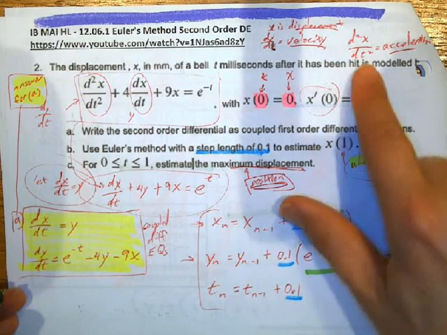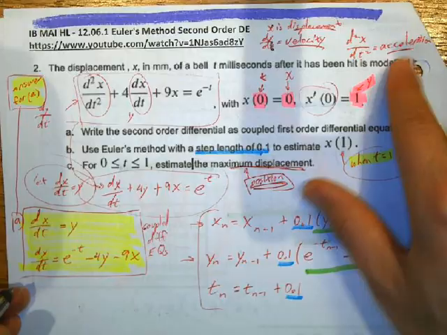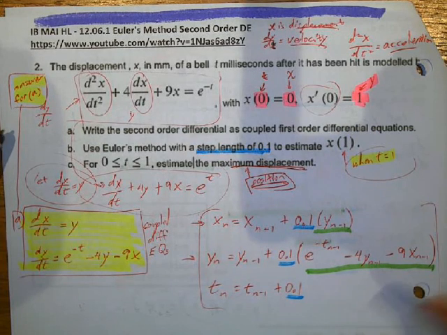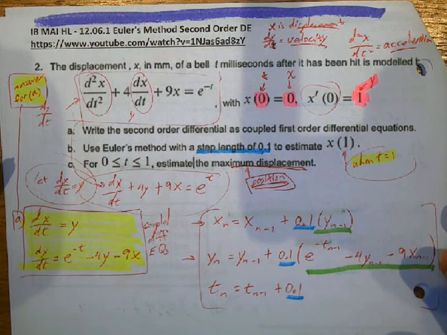And the second derivative gives me acceleration. So this is an applied version of using second order differential equations. You might see something with this on an IB test.